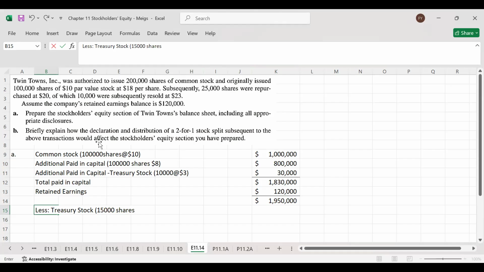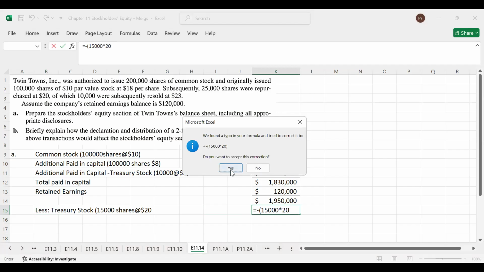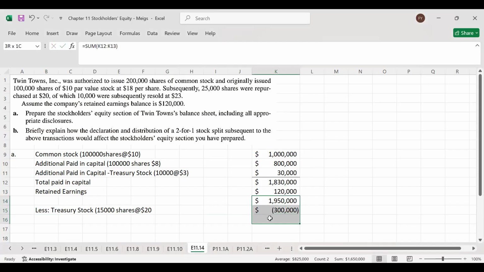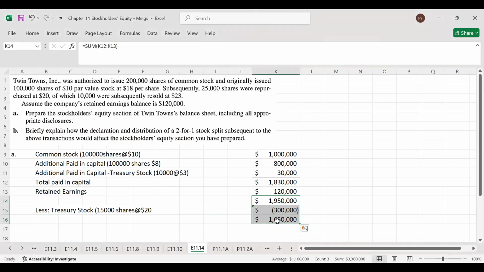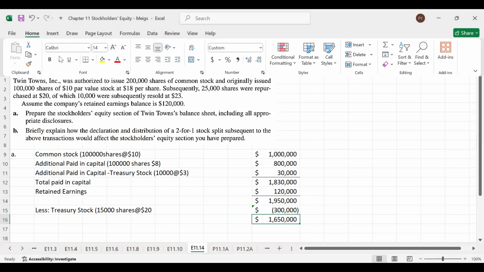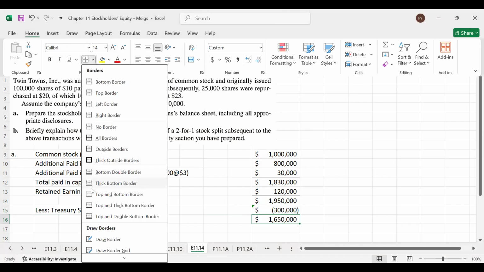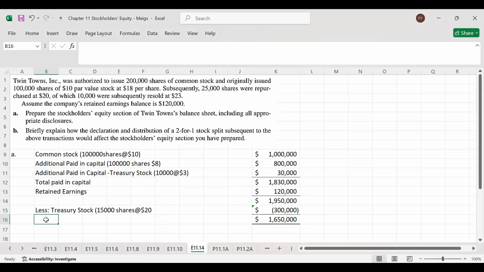So we are going to multiply 15,000 by 20, and deduct it from the total amount. So 1.65 million is the amount after treasury stock. In simple words, this is your total stockholders' equity after all adjustments.